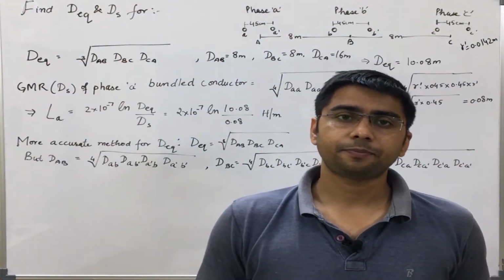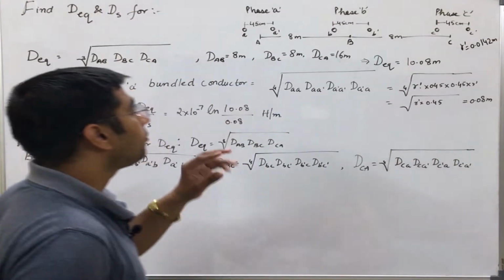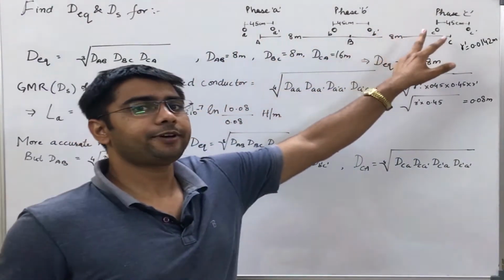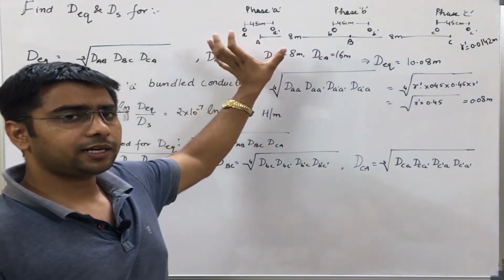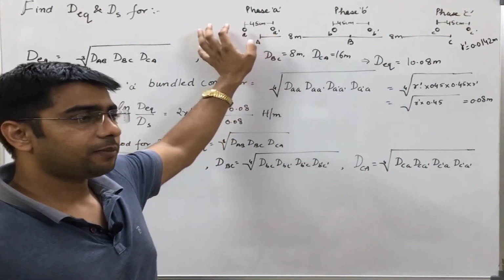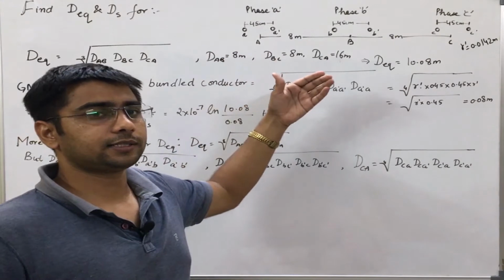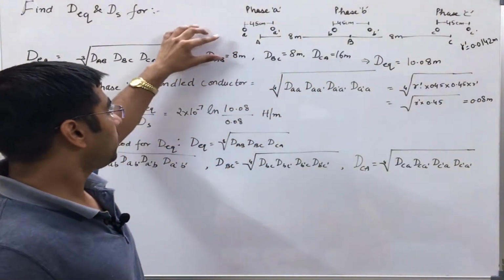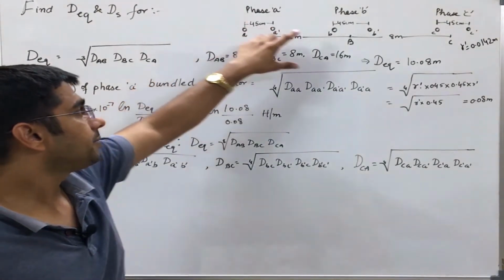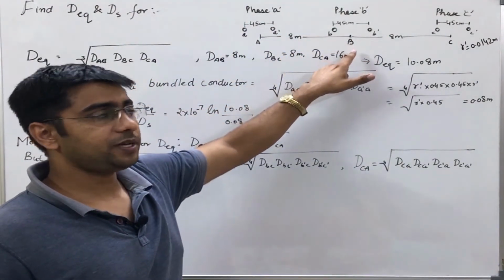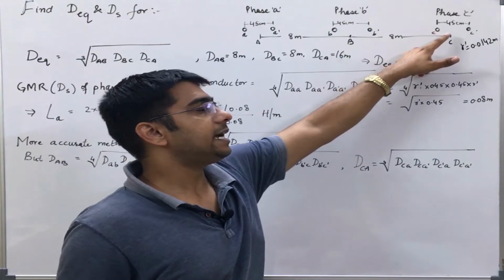Now let's see an example. Here we have been given a transmission line where there are two conductors per phase. That is, a bundle conductor is there for a phase, but the bundle has only two conductors per phase. So you can see for phase A there are two conductors, A and A dash, B and B dash for phase B, and for phase C, C and C dash.